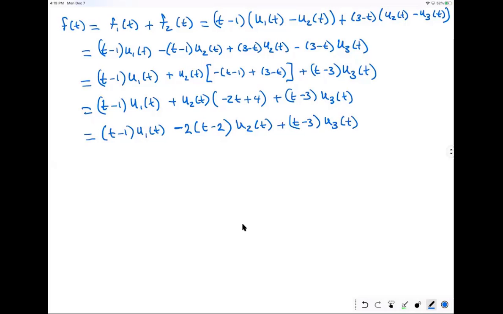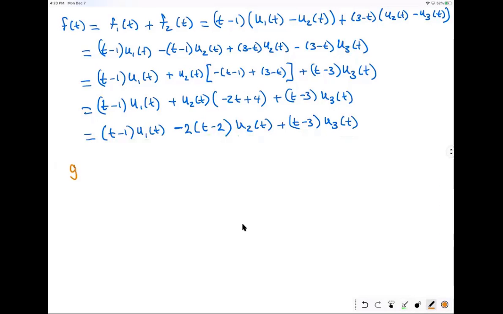And that was my goal, right? Because I want to use the second shifting theorem. And I have the u sub a with the t minus a, and the u sub a with the t minus a, and the u sub a with the t minus a. So once I have that set up, I'm in good shape.